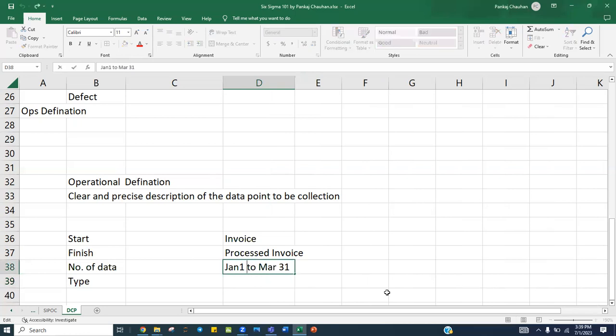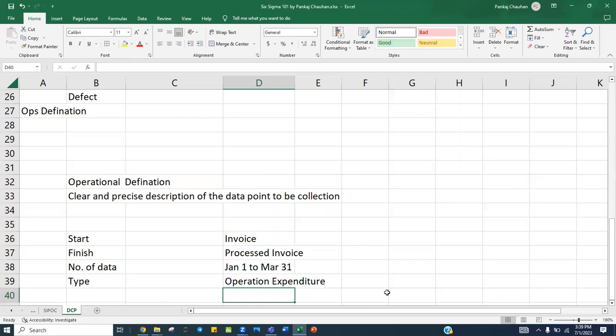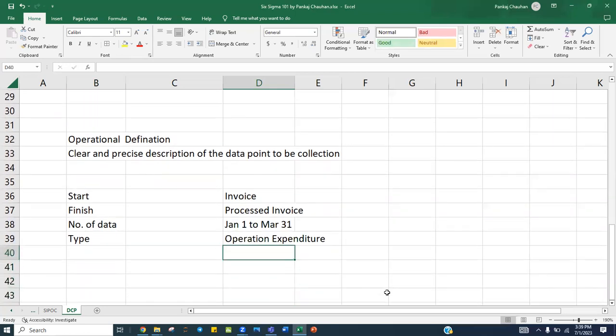And if I say collect the data for processed invoices from Jan 1st to March 31st for the operational expenditure, you are more clear? And these operational expenditure invoices must come from the registered vendor only. The invoice value must be greater than $500.